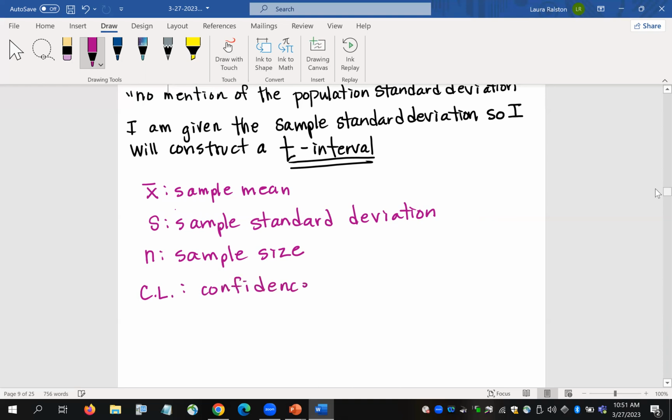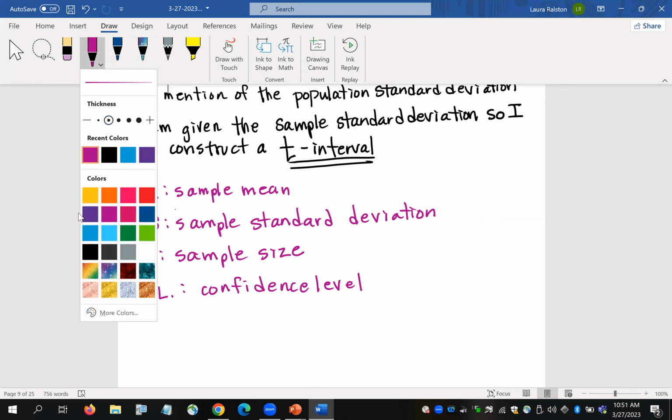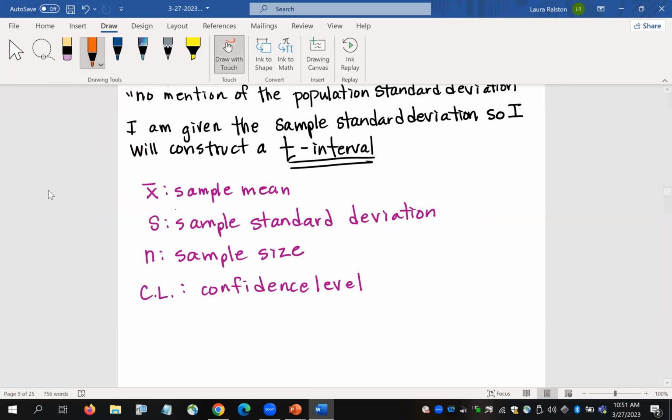All of that information is given in the problem, which also tells me in terms of what I'm going to do in Minitab that this problem involves summarized data.